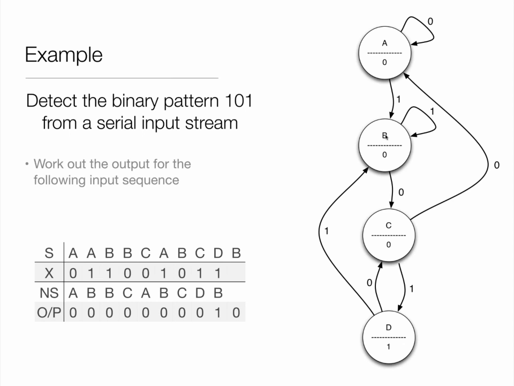If we get a 1, we go to B. If we get a 0, we go to C. And if we get another 1, we go to D, where the output is a 1. So this is the state, this is the input, this is the next state we go to, which appears on the next clock edge up here. And so we see a 1 in the output when we get a 1, 0, 1 sequence.